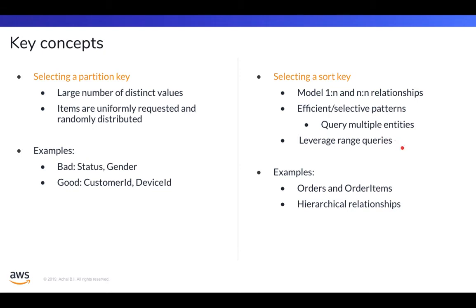You could use date range, in between, is equal to, not equal to, many things. Some examples of a sort key would be order items, things like that, basically where you have hierarchical relationships.